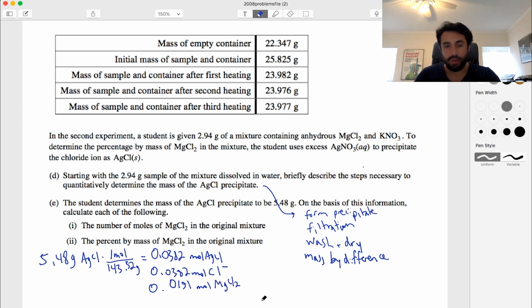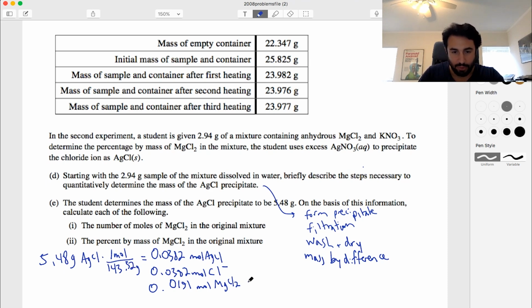Okay, so we took the mass of the precipitate and we calculated the moles of chloride ions and therefore the moles of magnesium chloride from that initial sample that would produce that many chloride ions that ended up in the precipitate. So let's get that as a mass now. Now it's pretty straightforward, right? We got a little room over here.